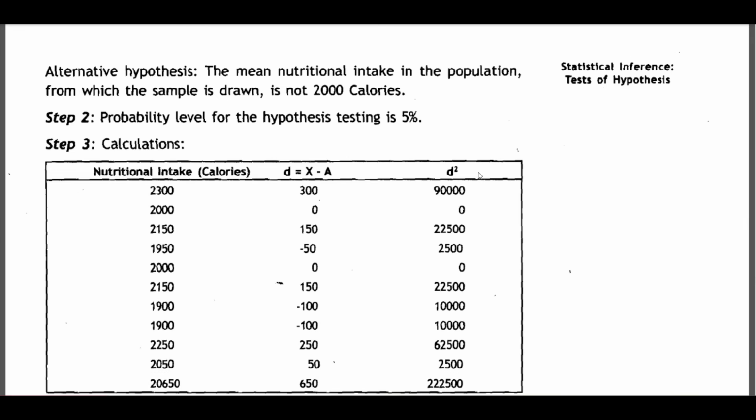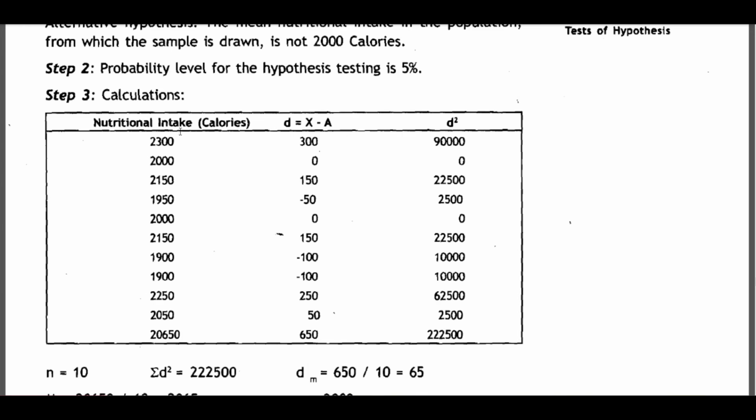The alternative hypothesis is that the mean nutritional intake in the population from which the sample is drawn is not 2000 calories. Step 2: the probability level of the hypothesis testing is 5%. For the calculations, for the nutritional intake calories, d is equal to x minus a, and d square is this much. So we can calculate like that.